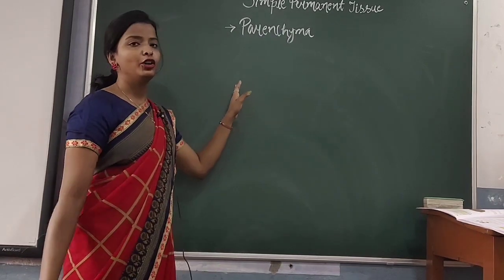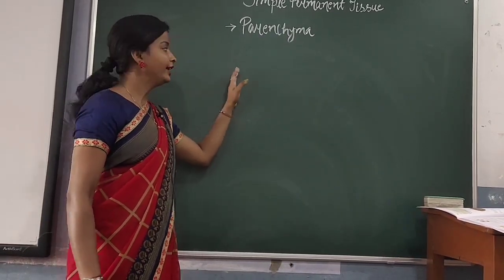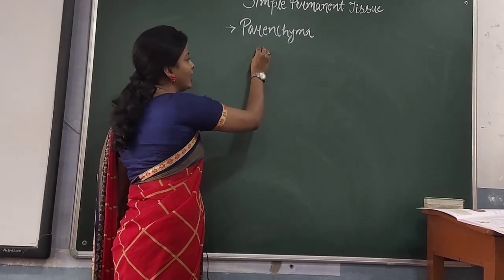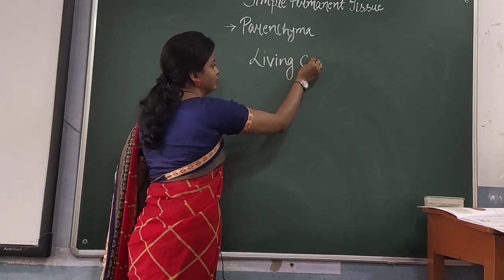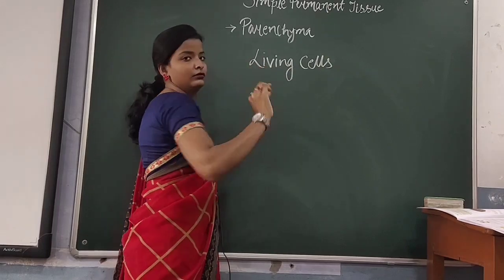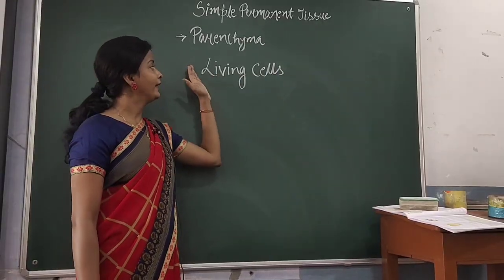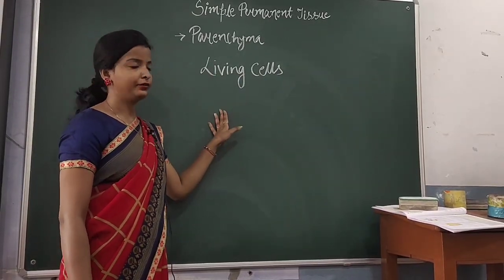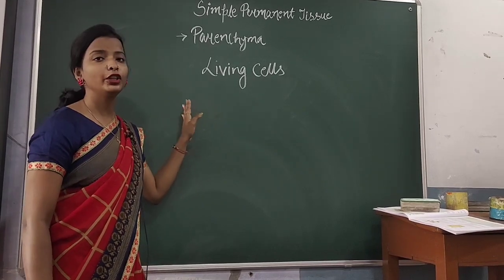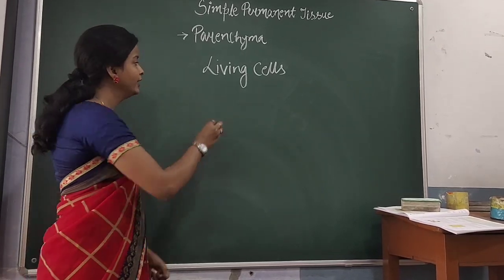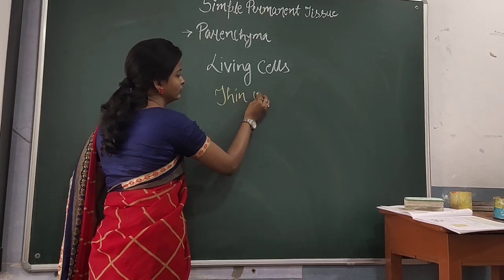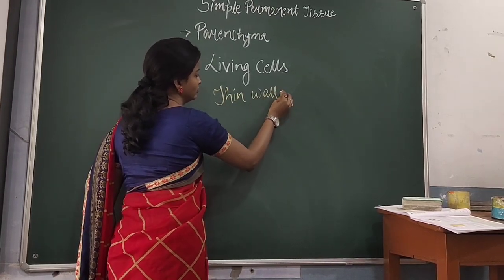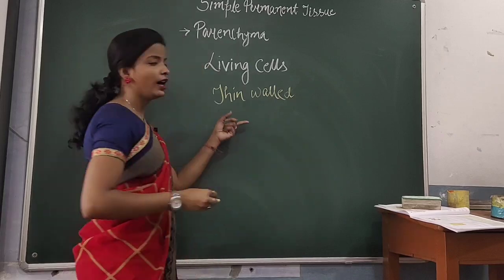Then when we will talk about the cells being living or dead, the parenchyma cells are living cells. Then when we will talk about the walls of the parenchyma, they are thin walled.